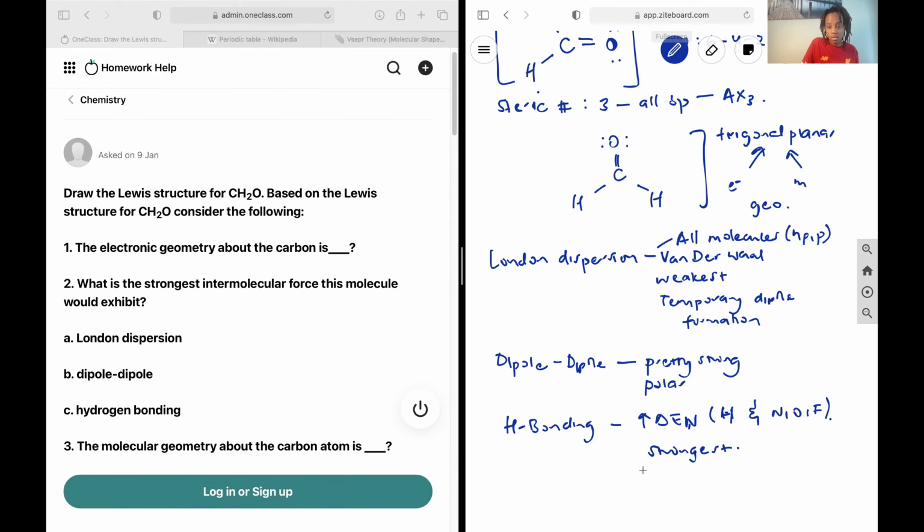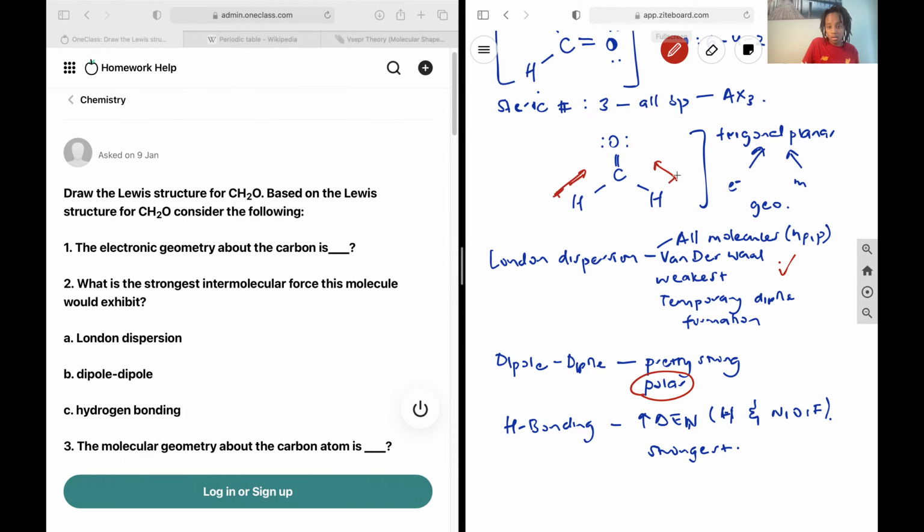And so we just need to note which ones are possible in what we have. So London dispersion are possible because it's possible in all molecules. Dipole-dipole, in order to determine whether it's possible, we need to determine whether this molecule is polar. And so we begin by drawing our dipoles. And I'm just drawing these based on the electronegativity of these specific atoms.